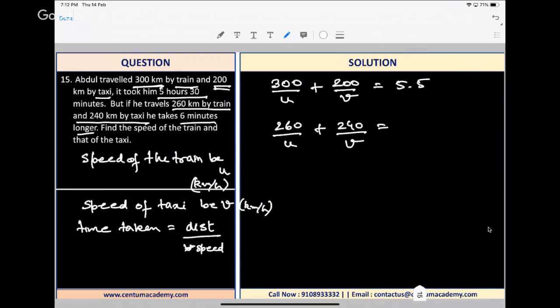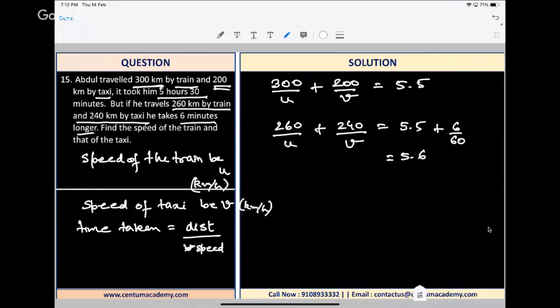So whatever the initial was, 5.5, but 6 minutes is in minutes, so we'll have to convert it into hours, which is nothing but 6 upon 60 hours. Please be very careful. Many people will just add 6 here and they will not be able to solve it. So be very, very careful. Now, how do we solve this? 6 by 60 is 1 upon 10, so 0.1. This is nothing but 5.6.